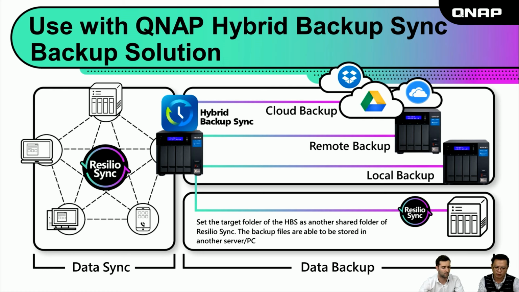QNAP has a very powerful backup solution we call Hybrid Backup Sync. We can adopt Resilio Sync in the front end for rapid synchronization, but at the same time, we also back up the share folder in QNAP NAS. We can back up this data to public clouds, remote NAS, or local NAS.